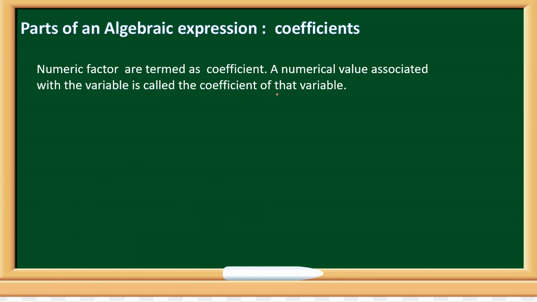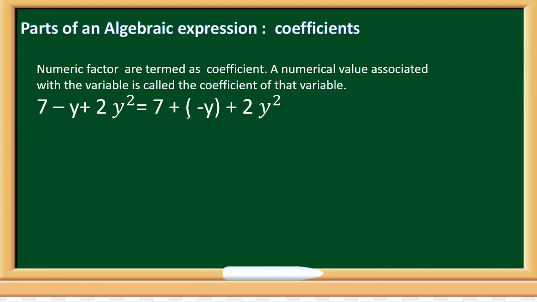That means a number which multiplies with any variable is known as the numerical coefficient of that variable. For example, if we have 7 minus y plus 2y square, it is an algebraic expression. It can be written as 7 plus minus y plus 2y square.